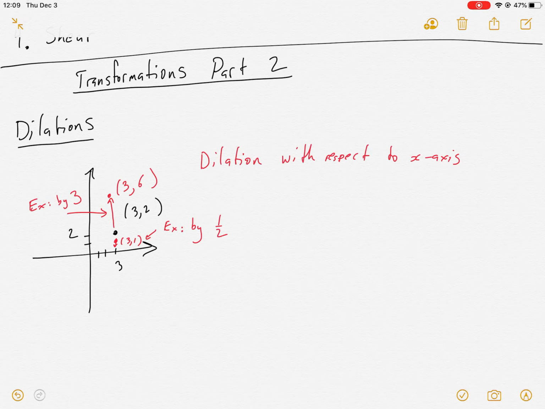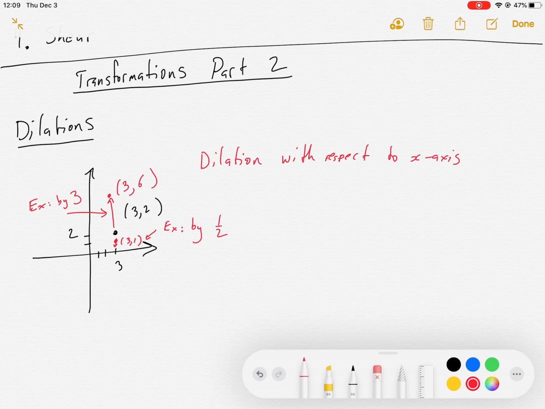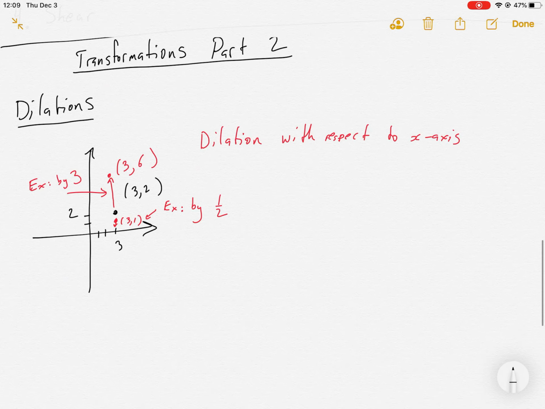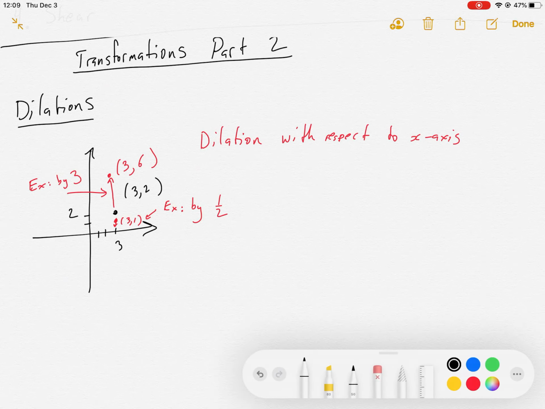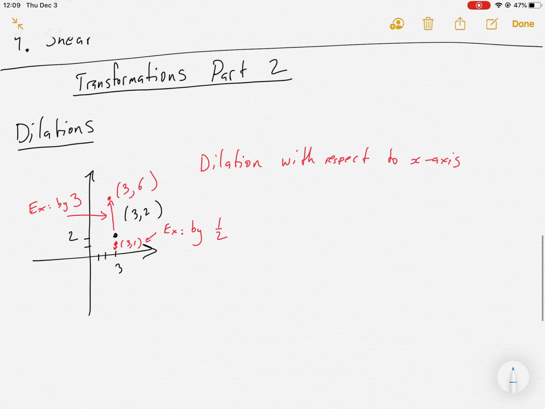And so notice in each of these, the x value stayed the same and the y value changed. So when we're dilating with respect to the x-axis, that means that we're doing a dilation of the y-coordinate. So that's the first type of dilation we'll look at.